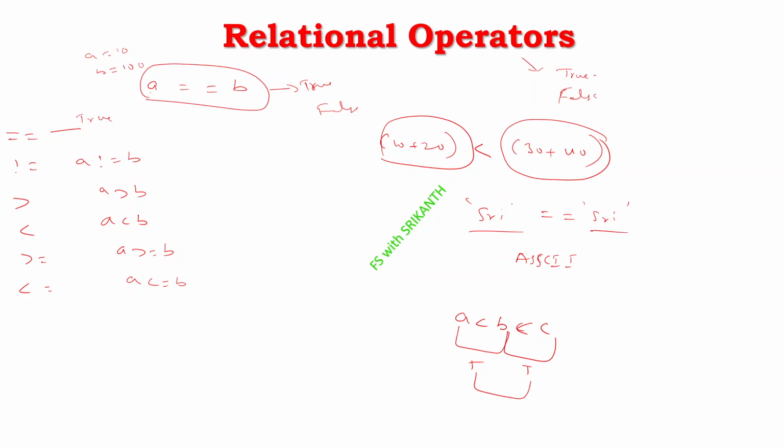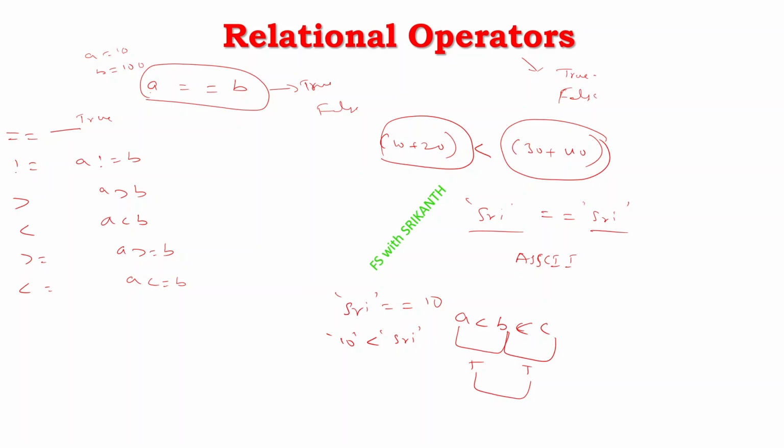It compares every expression. When we compare string to string and integer to integer, there is no issue. But when you try to compare a string to an integer, suppose "SRIKANTH" equal to 10 or string "10" less than or equal to 3, in this situation it does not work.